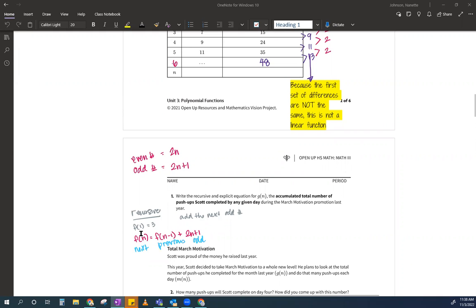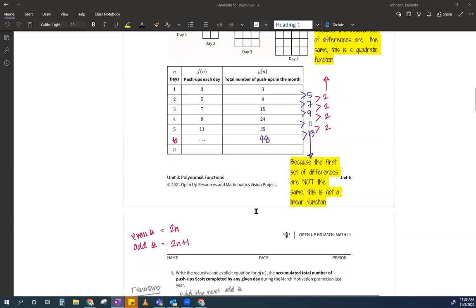So this means the next number, this means the one in front of it, and this means odd. So that's a recursive function. I'll throw in some of the videos that I've done for Integrated One, because they talk a lot about recursive functions, just so you have that in your head. Even if you didn't learn it, it's not going to impede your learning for this class, so don't worry.